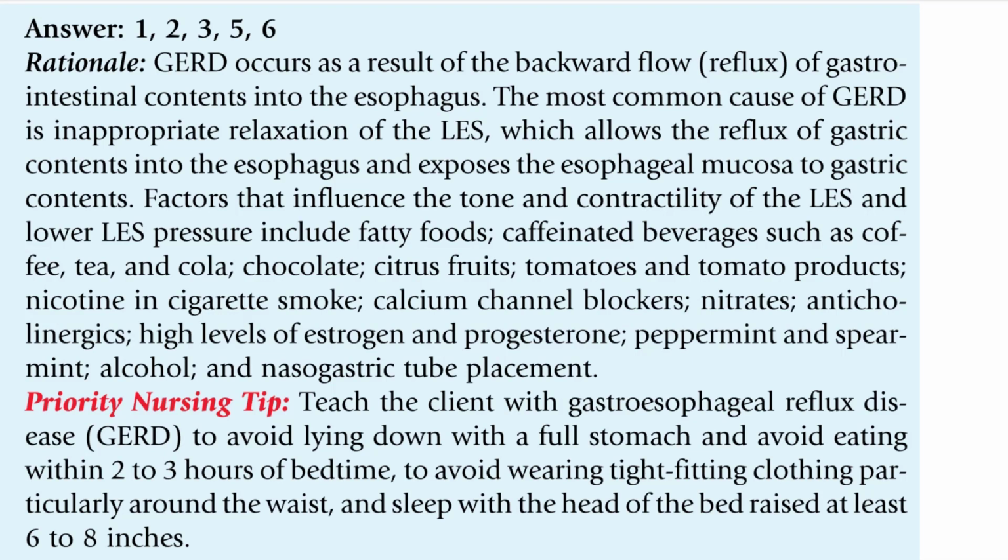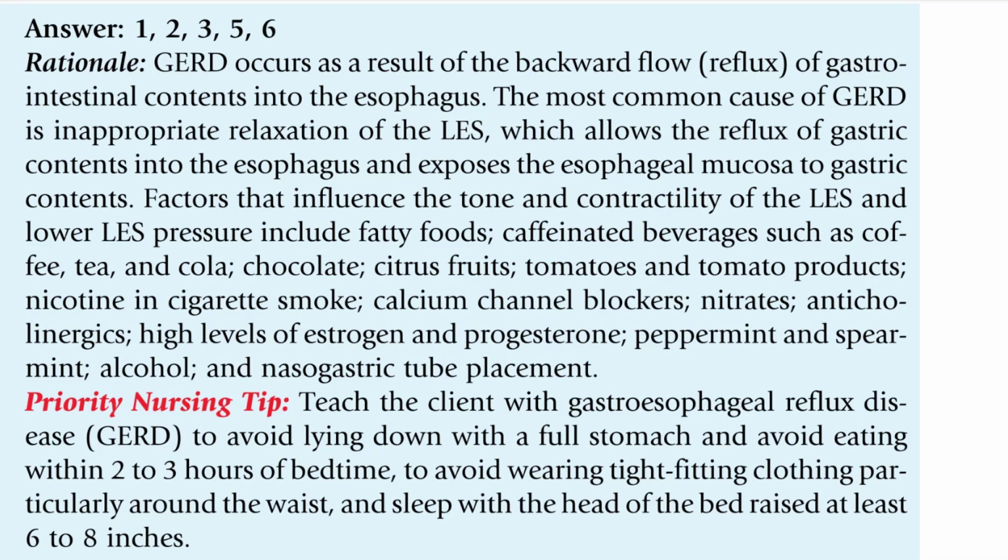Rationale: GERD occurs as a result of the backward flow, reflux, of gastrointestinal contents into the esophagus. The most common cause of GERD is inappropriate relaxation of the LES, which allows the reflux of gastric contents into the esophagus and exposes the esophageal mucosa to gastric contents.